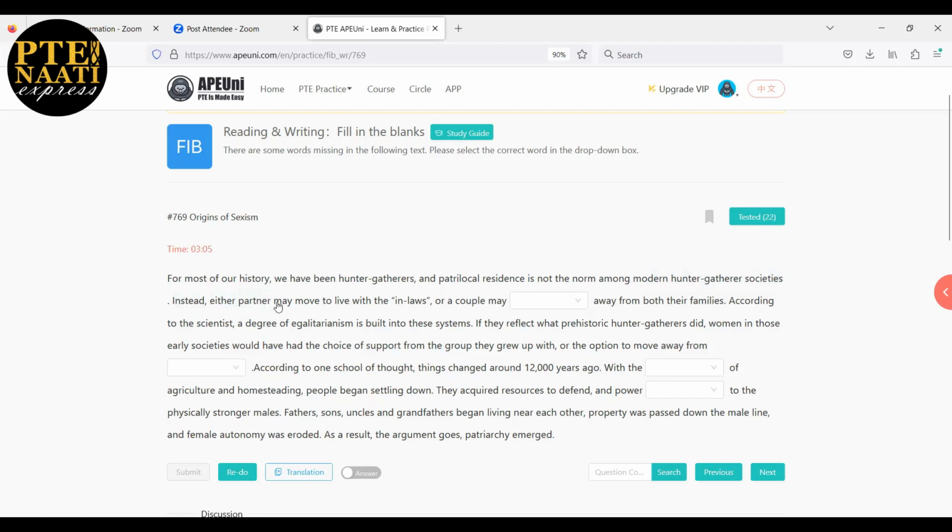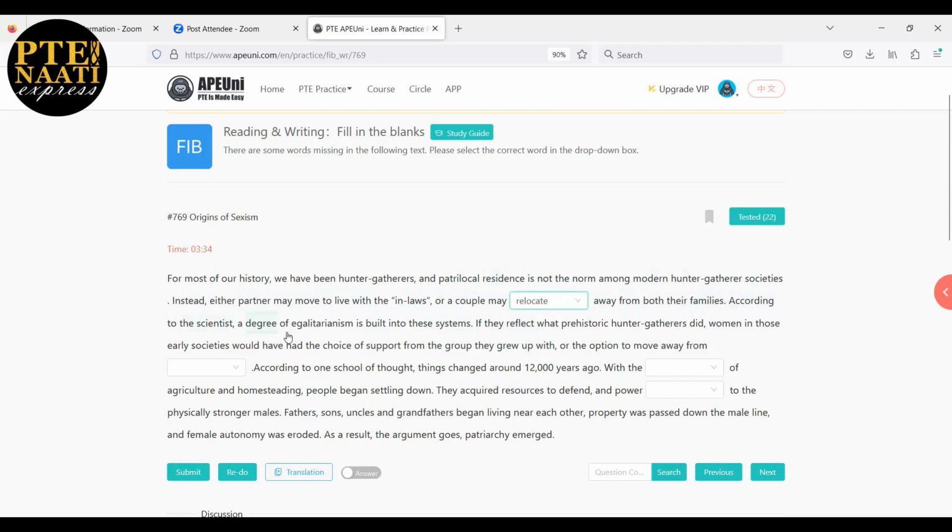Instead, either partner may move to live with the in-laws, or a couple may relocate away from both their families.